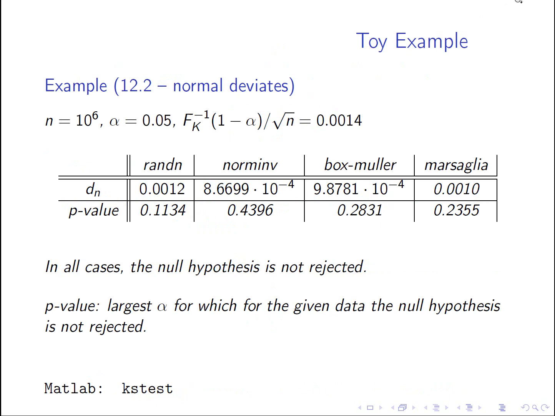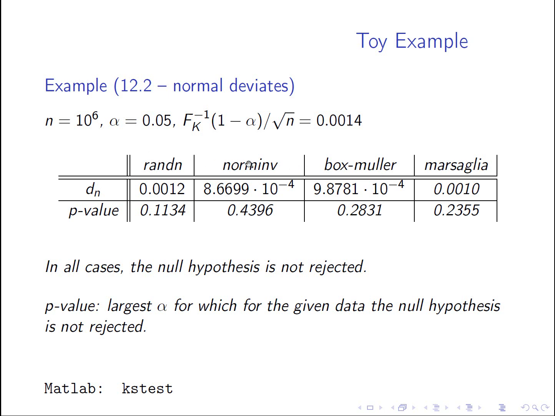Okay, so let's finish today's lecture with a small example for the Kolmogorov-Smirnov test, here for normal deviates. Here we are checking whether the numbers we are getting from our methods to sample from the standard normal distribution are okay, or at least pass these tests.